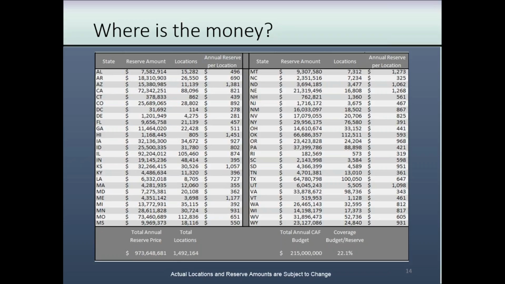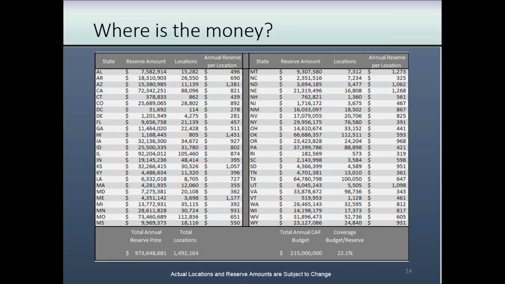So if you look at the bottom of this chart, you'll note that there are about 1.5 million locations that are eligible for funding that the FCC would like to have providers step up to, and that the total amount of money, if you were to look at the reserve price necessary to serve these 1.5 million locations, would be nearly $1 billion.